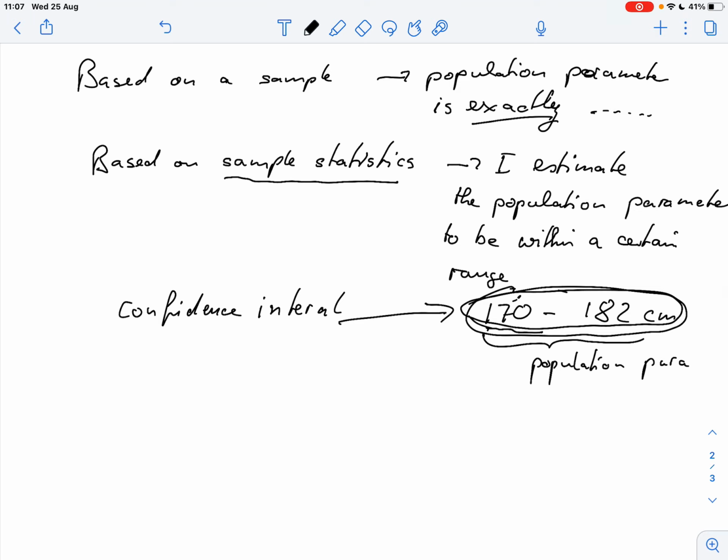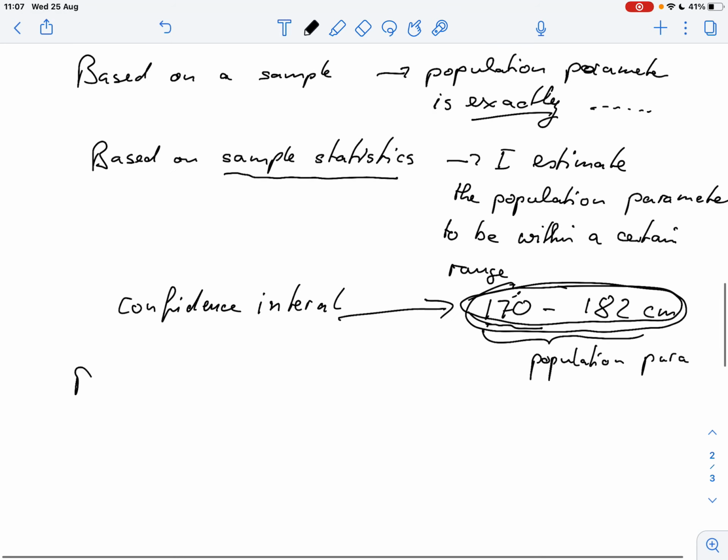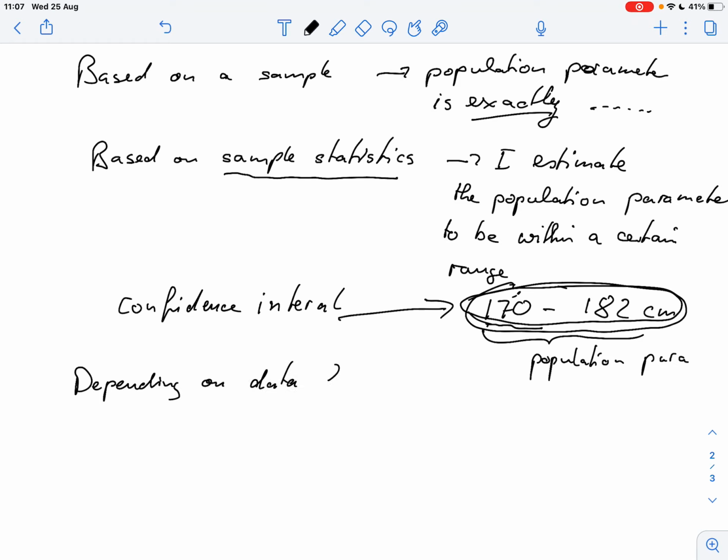And depending on the data format, there are different ways to calculate this confidence interval. Sometimes you see a 95% confidence interval. That means I'm pretty sure that the true population mean is somewhere in between.